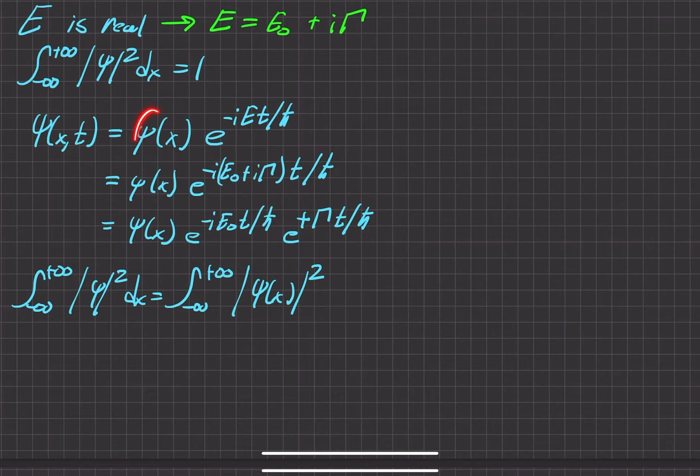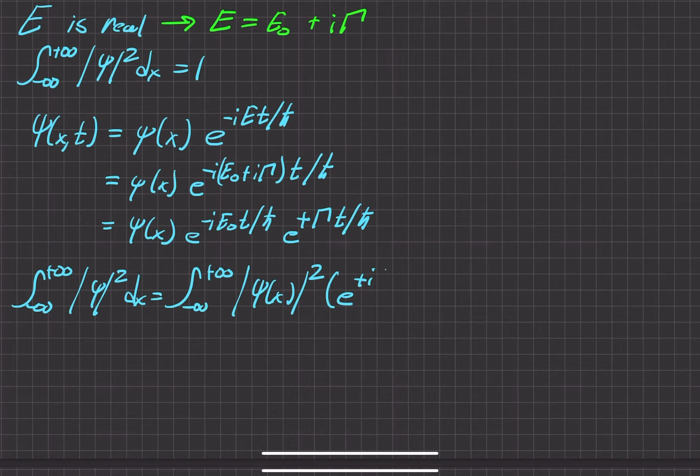Because we don't have an actual expression for this, we're just doing it in general wave function terms. But we can do something with this portion here. So remember, whenever you do the modulus squared of something that has a complex number in it, you just flip the sign on that and multiply it by the original complex. So I'll just put this one in parentheses here.